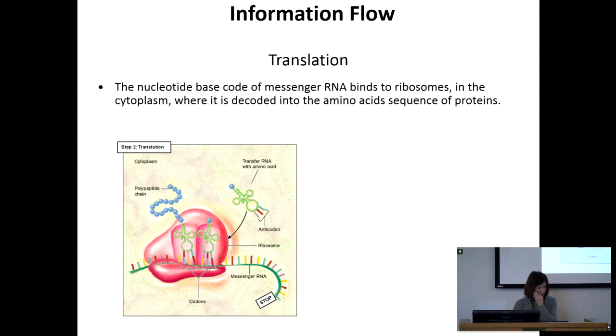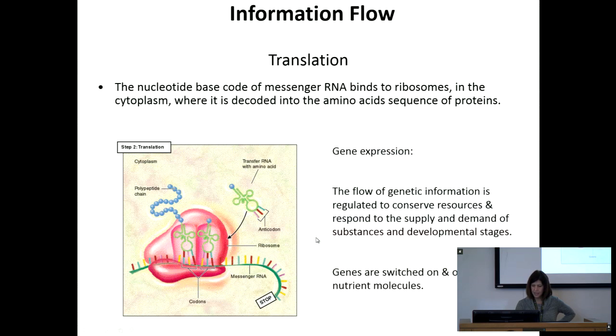Translation happens where? Ribosomes. And so the messenger RNA comes along to the ribosome, which is made of protein and rRNA. And then we have our transfer RNA that comes in. Now, which is neat, is you have 3 RNA bases that are called the codons.